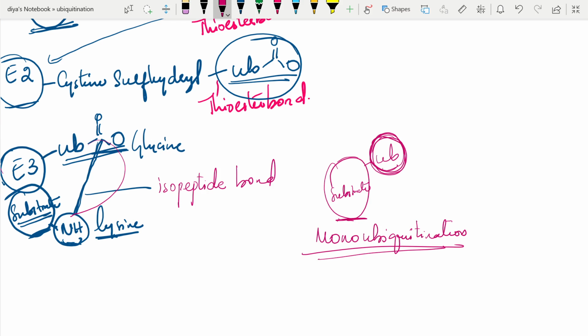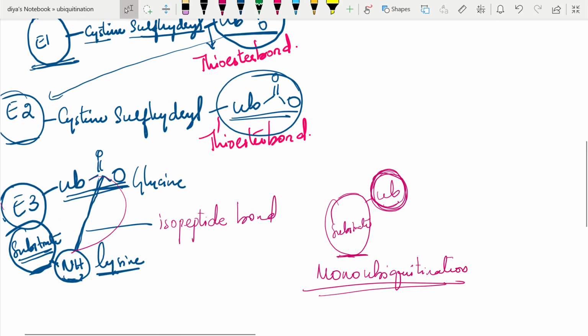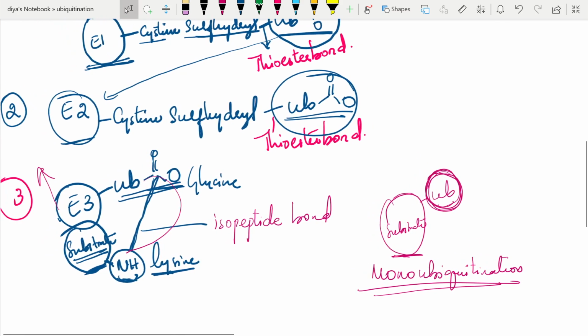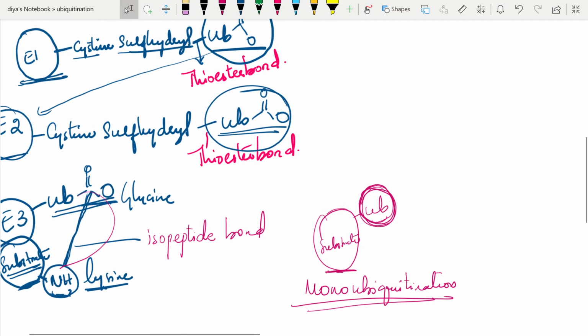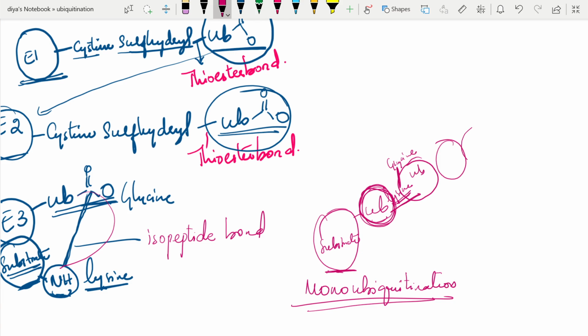So another ubiquitin is brought by this process, and here the lysine group of the ubiquitin is present. Another ubiquitin will come, and the glycine of this ubiquitin will interact and form the isopeptide bond. At least 4 ubiquitins are attached like this, and this process is known as polyubiquitination.